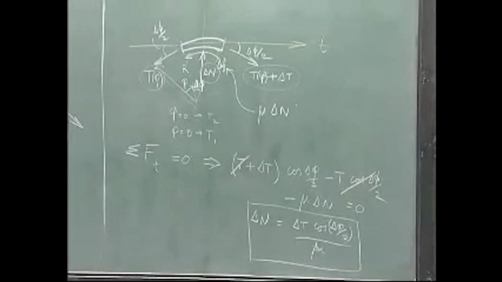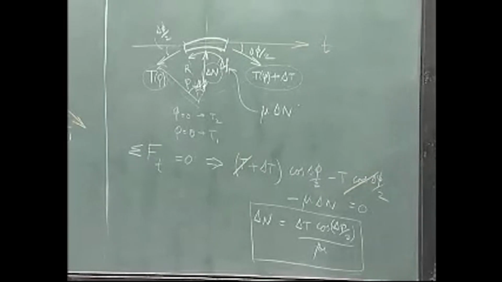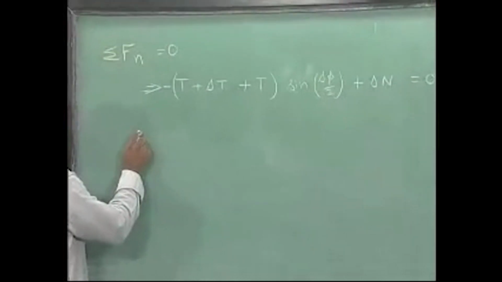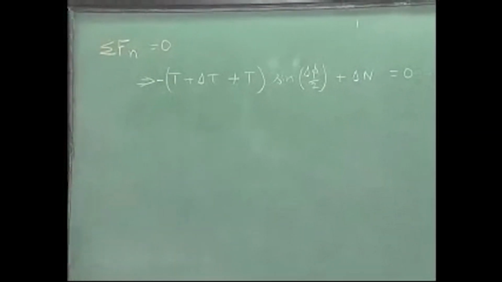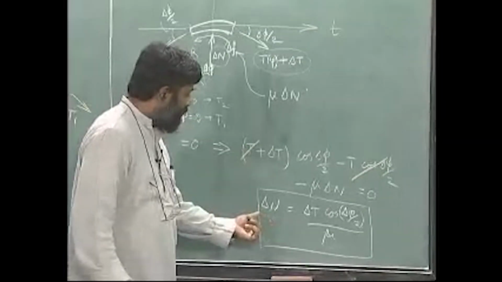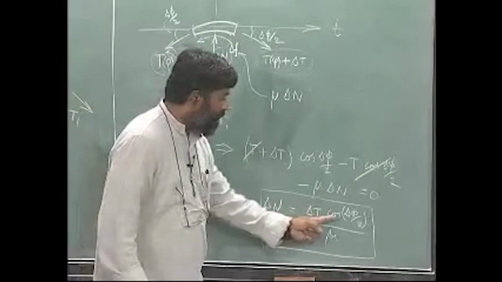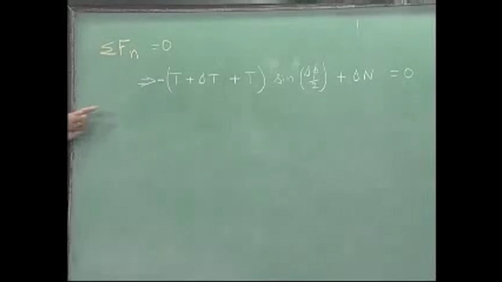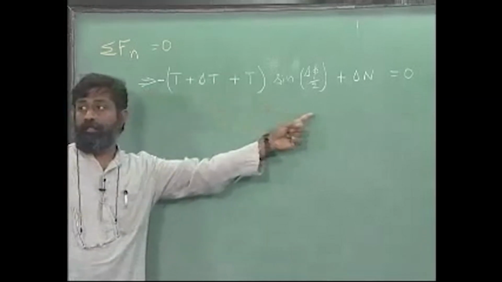Okay. Now we can simplify this, but before simplifying, what did we get as a result over here? We had delta n equals delta T cos delta phi by 2 by mu. I am going to substitute delta n in this equation.